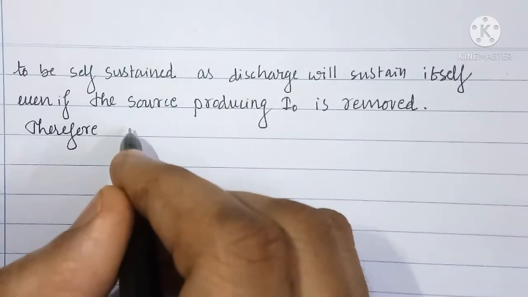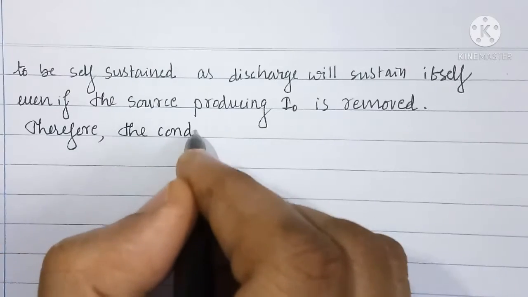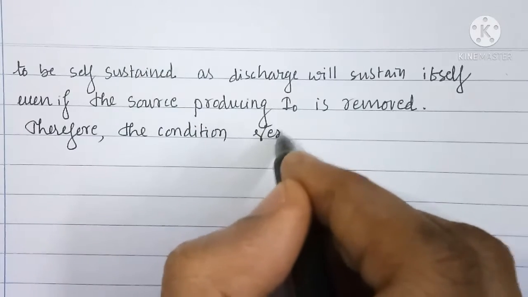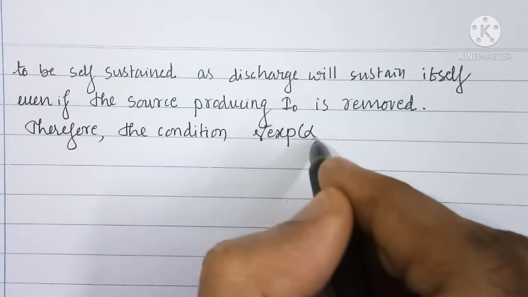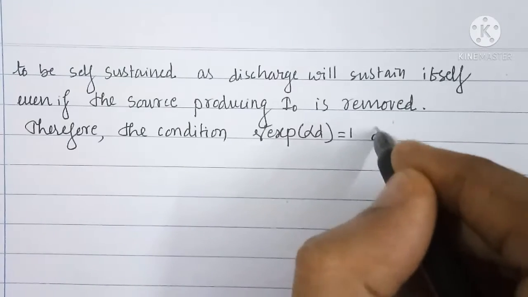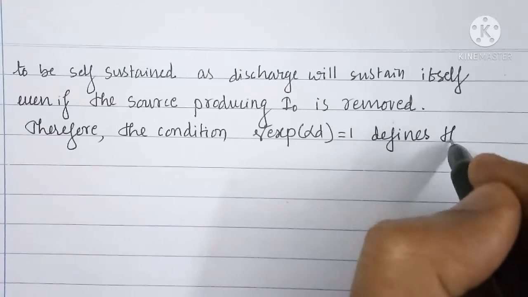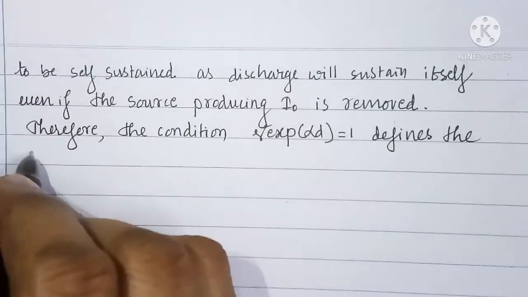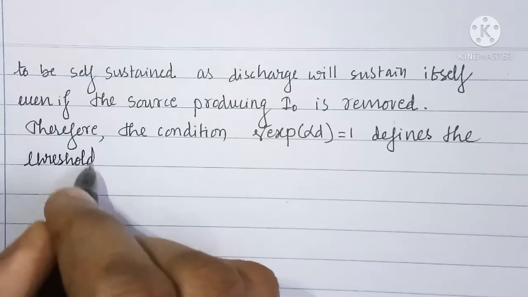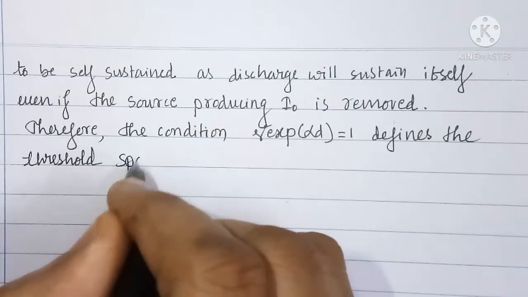Therefore, the condition gamma into exponent of alpha d equal to 1 defines the threshold sparking condition.